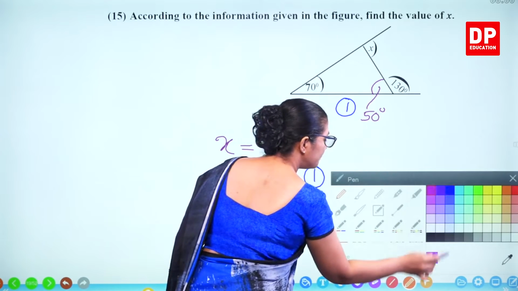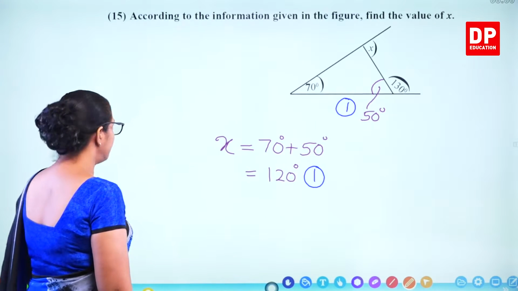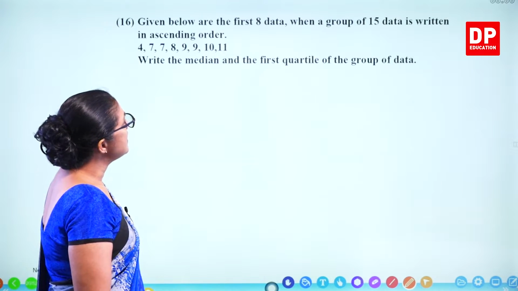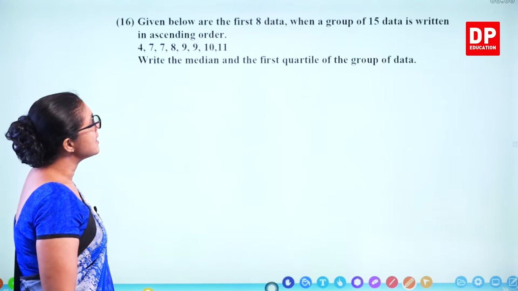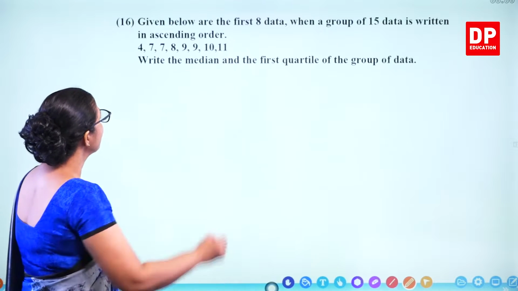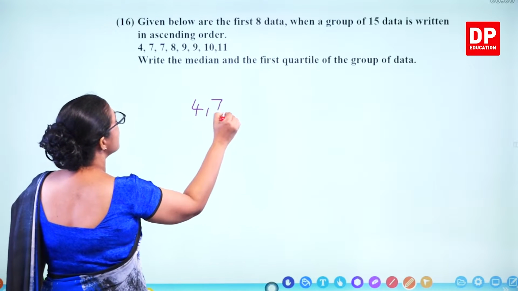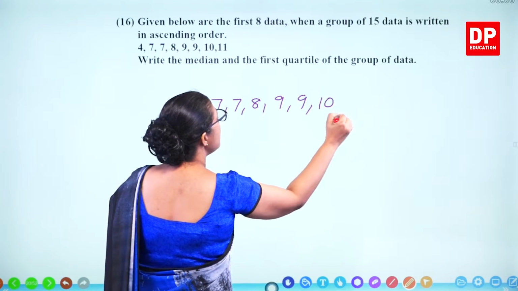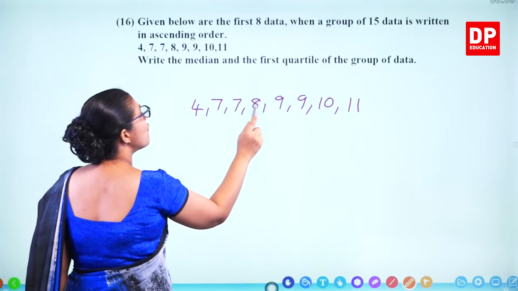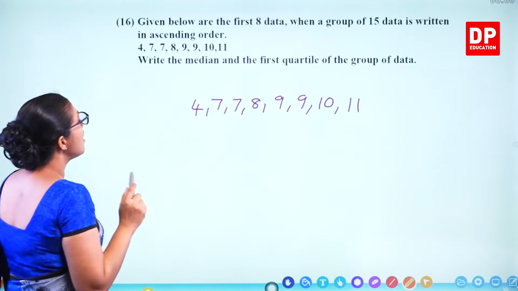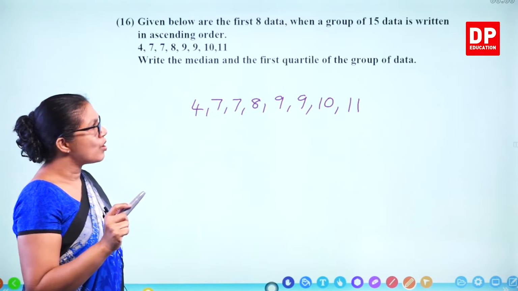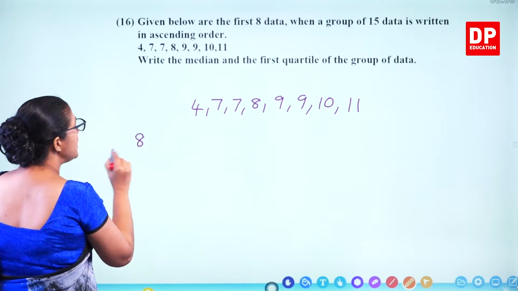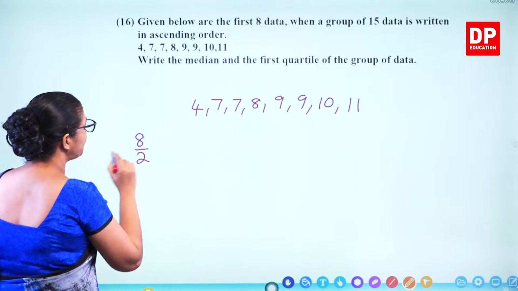Question number 16. Given below are the first 8 data when a group of 15 data is written in ascending order. So 4, 7, 7, 8, 9, 9, 10, 11. This is in order 1, 2, 3, 4, 5, 6, 7, 8. Write the median and the first quartile of the group of data. So how you find out the median? 8 divided by 2.